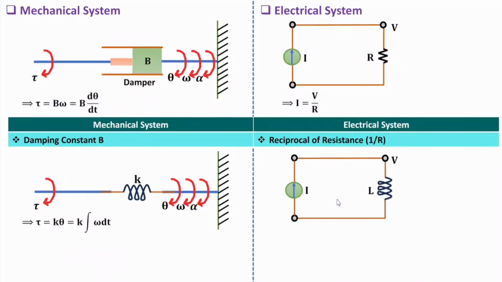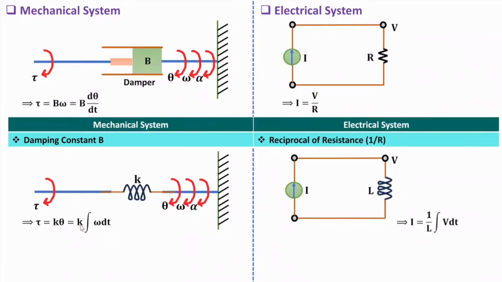In the electrical system, we have an inductor connected with current source I. Here the input is current, and that results in voltage across the inductor. So what is the value of current I? That is 1 by L integration V dt. Now let us compare these two equations.